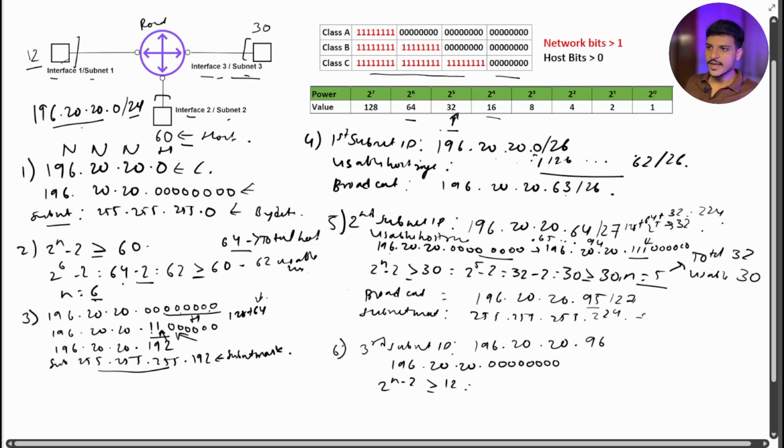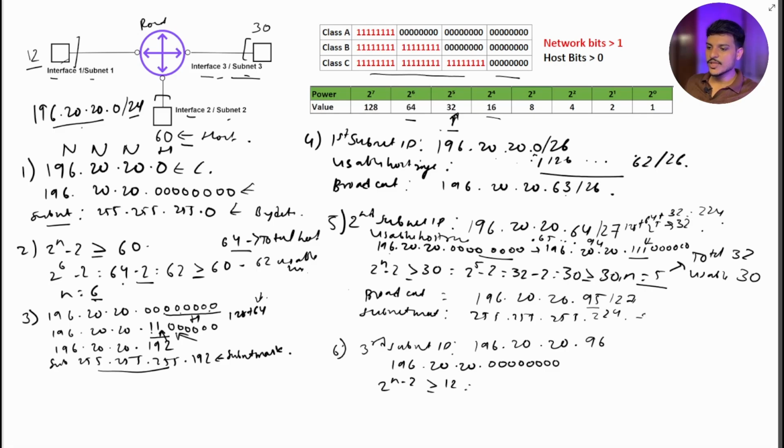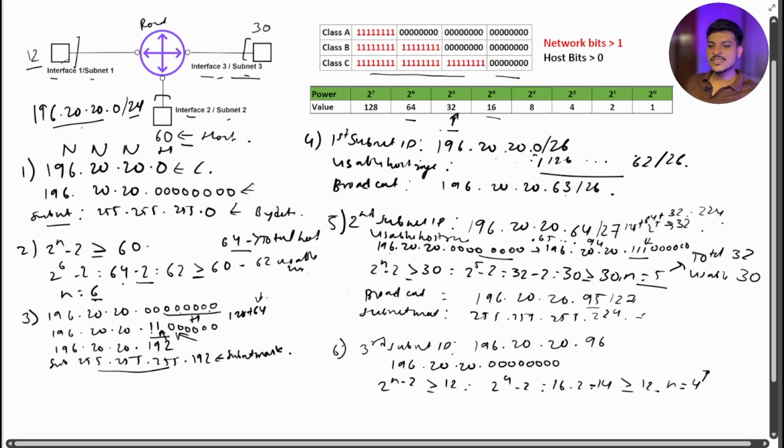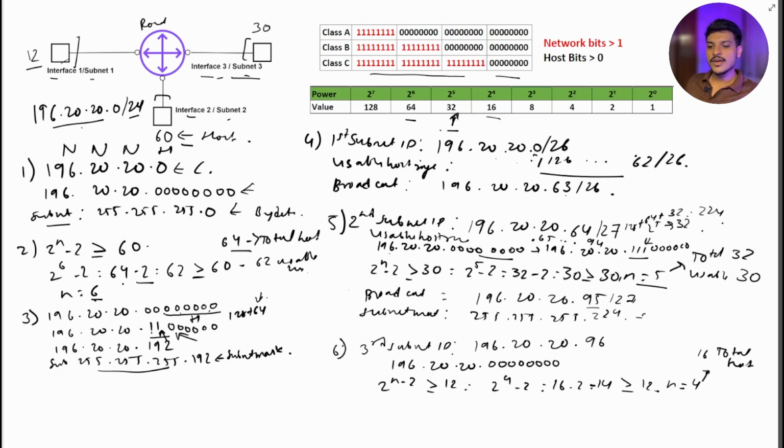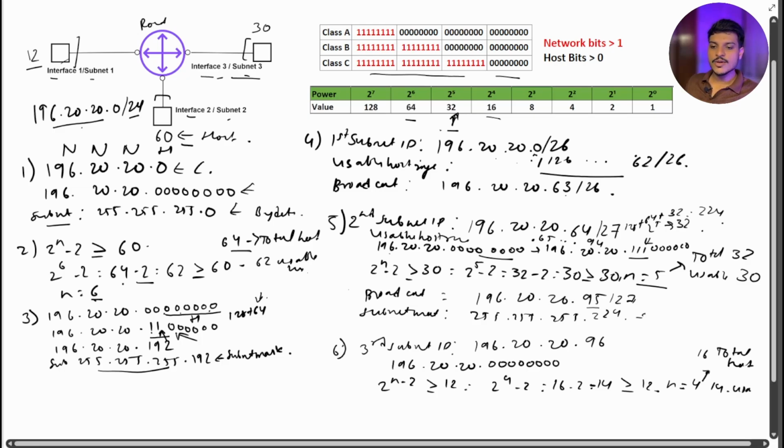If we take the value of n as 4, 2 raised to 4 minus 2 gives us 16 minus 2, which is 14. So it satisfies the condition, that it is greater than or equal to 12. So our n is now 4. As we know, 16 would be total hosts, and after removing these two, 14 will be usable hosts.